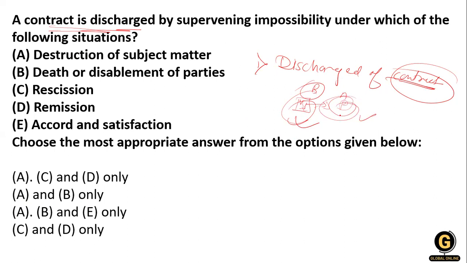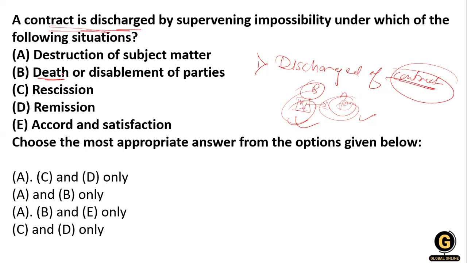So this is the non-existence and non-occurrence of the particular state of things, and the death and incapacity of a person of services. If any person is disabled, or not able to perform, in that case also he is discharged from the contract.